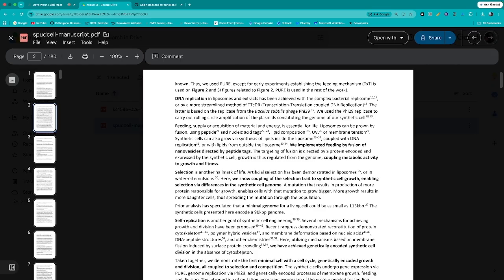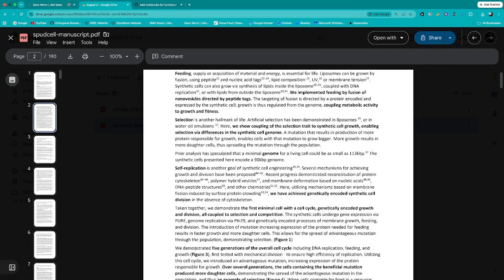So a lot of the things that you would expect the cytoskeleton to do in cell division aren't there. So you need to be able to induce cell division in some other way. And so what they said here is they're able to use surface protein crowding to do this.